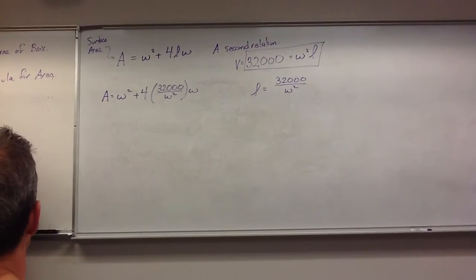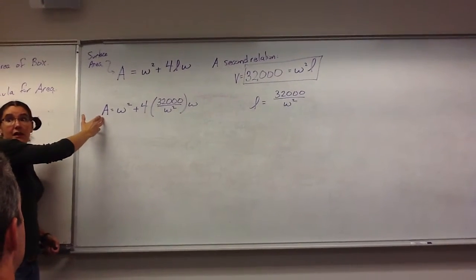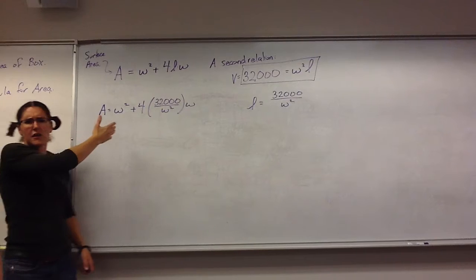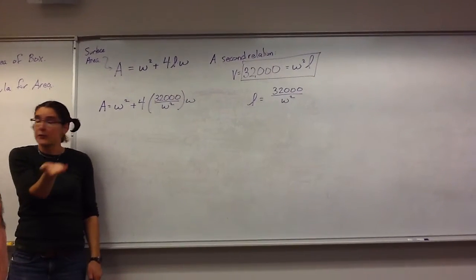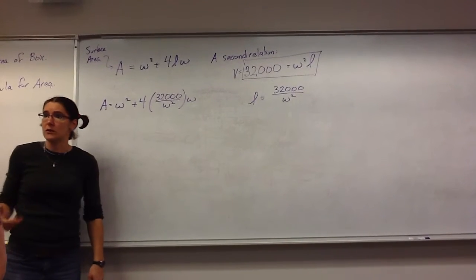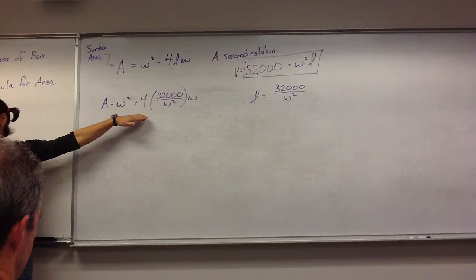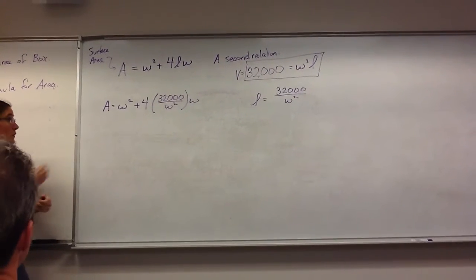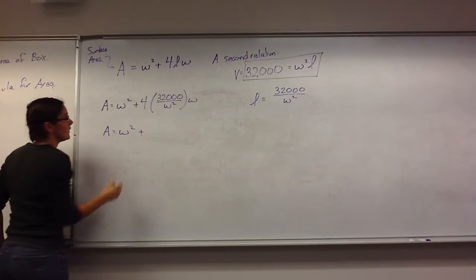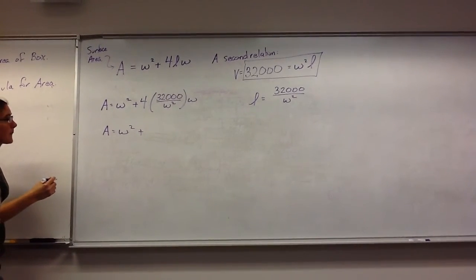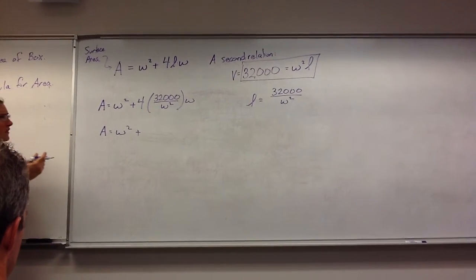The next thing that we want to do is, eventually we'd like to figure out where the area is the smallest. So we're going to take our derivative and set that derivative equal to 0. That'll give us a flat spot, hopefully the bottom of a bowl, and then we can go from there. Now if I want to take this derivative, it's in my best interest to simplify this a little bit first. So area is equal to W squared plus, what's 4 times 32? 128.